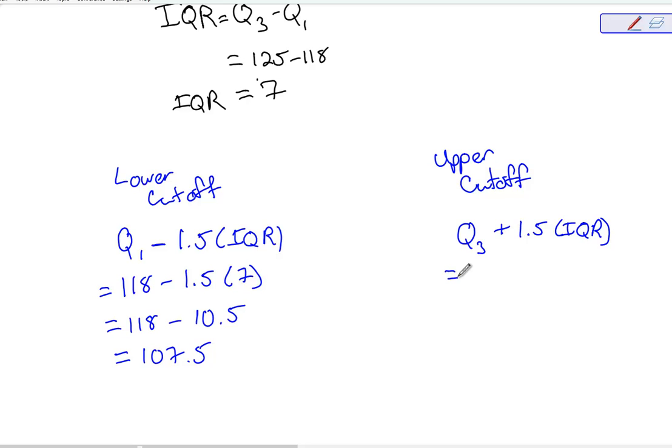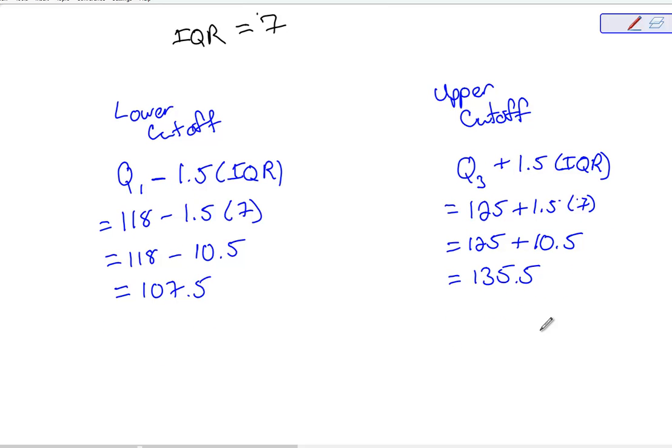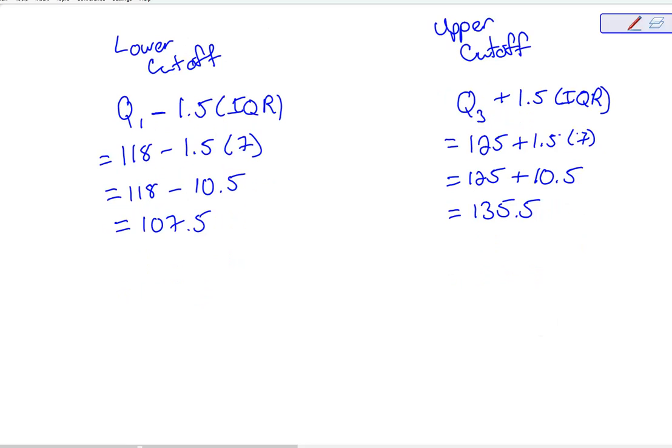I do the same thing over here, except I use my Q3 and I add, because I'm looking for anything larger than that, 1.5 times 7, and I get 125 plus 10.5, so that's going to be 135.5. So these are my two cutoff values.